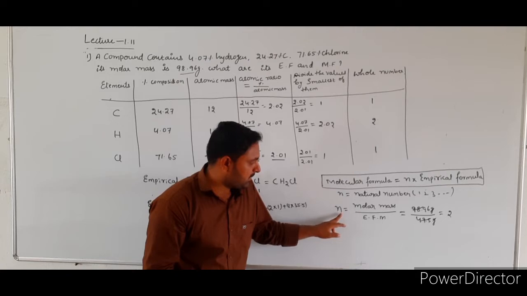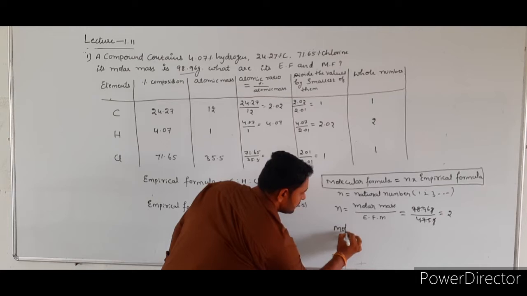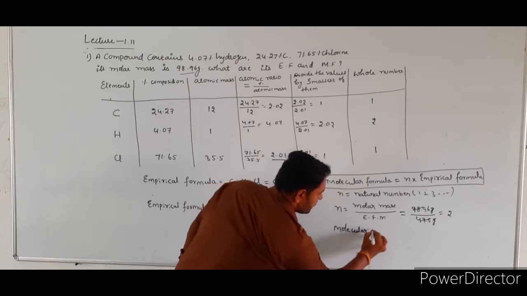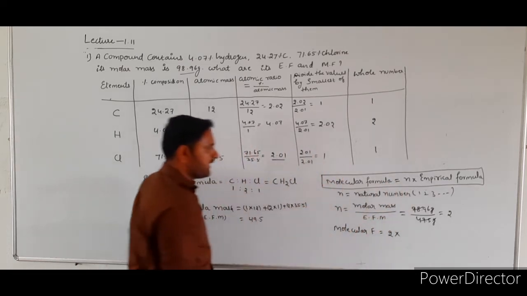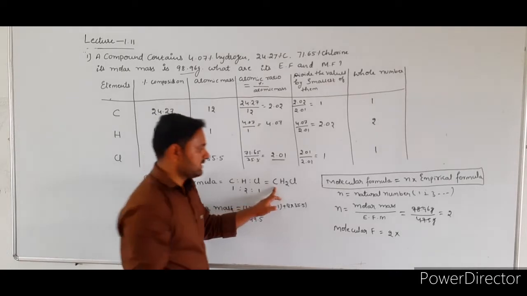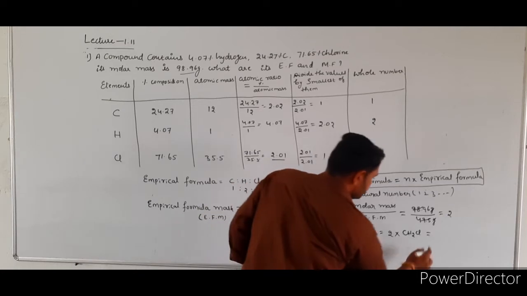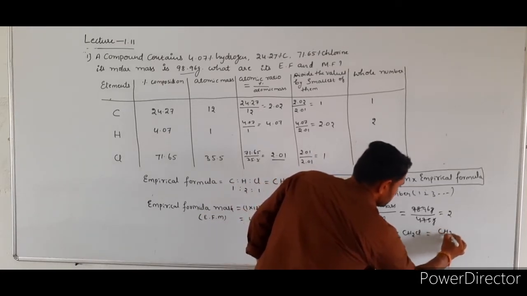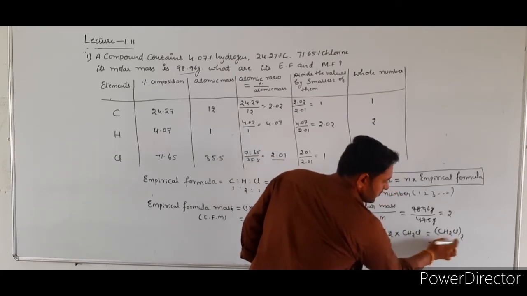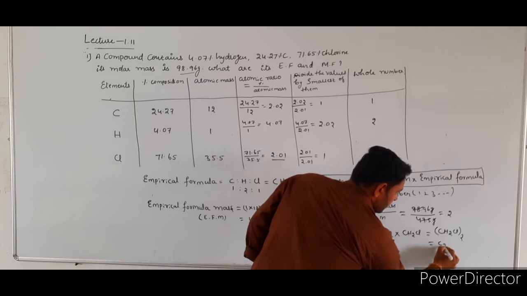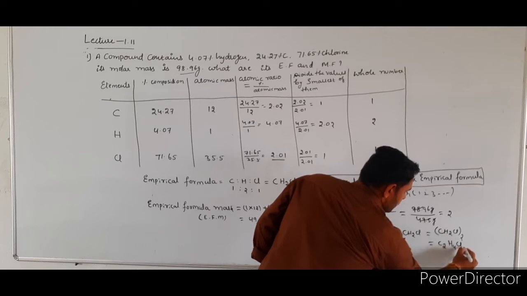Now you apply this n value here. Molecular formula is equal to n, which is 2, times the empirical formula, CH2Cl. That means CH2Cl twice. Now you multiply: 2 times 1 is 2 carbons, 2 times 2 is 4 hydrogens, 2 times 1 is 2 chlorines.